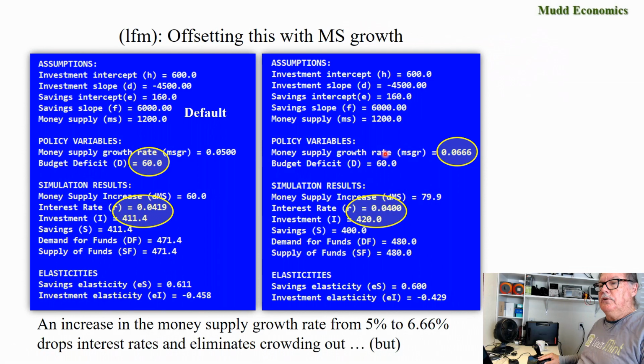But by increasing the money supply growth rate from 5% to 6.6% or 6.7%, we have actually brought the interest rate back down to 4, and we have raised investment back up to 420. And that's the sort of E1 equals E2 solution that we had in our comparative statics version of this model.